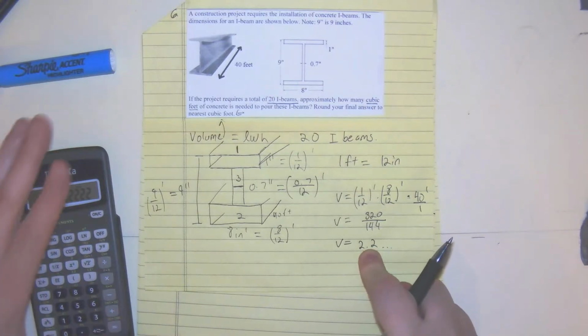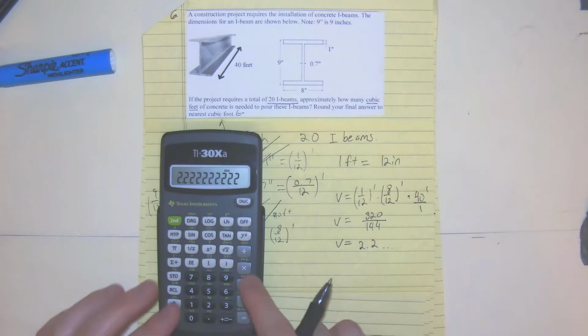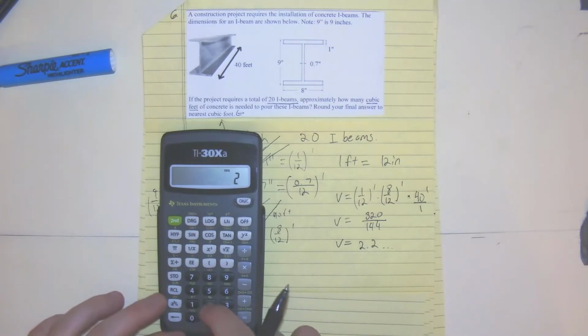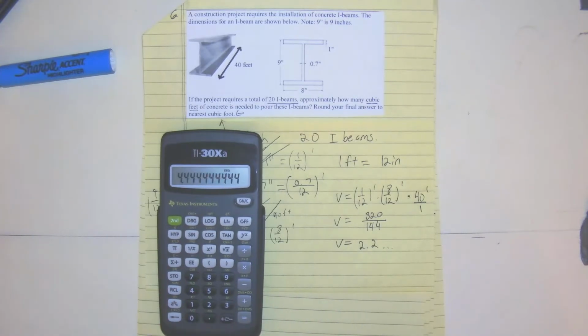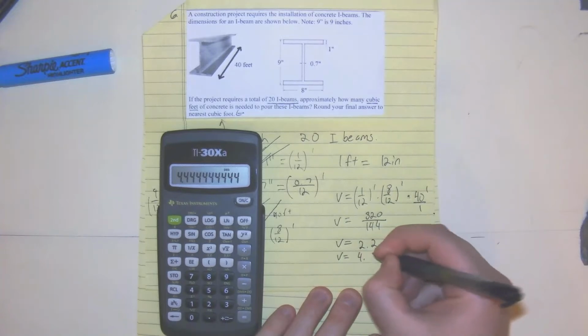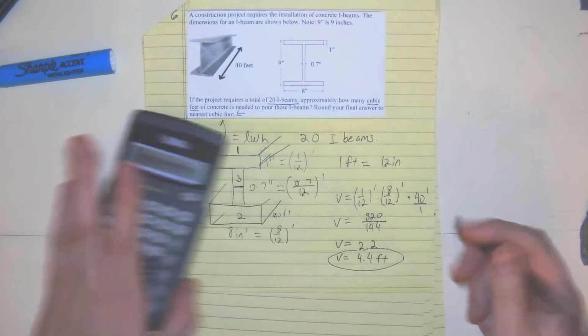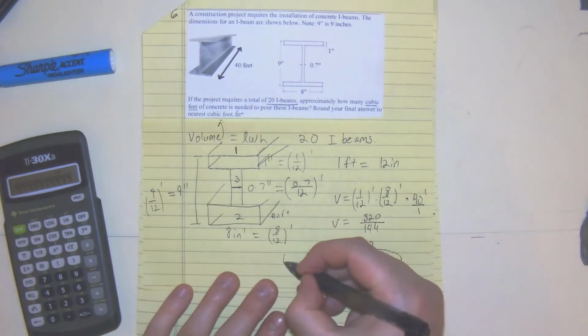I'm just going to leave it like this. Multiply this by 2, so we get about 4.4. This is for the top and the bottom, 1 and 2.